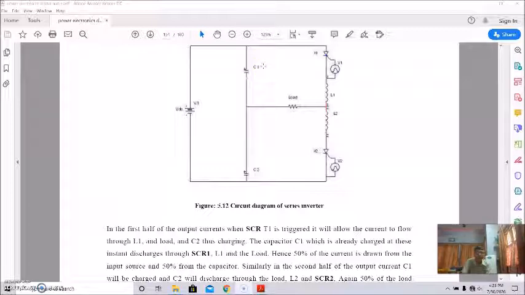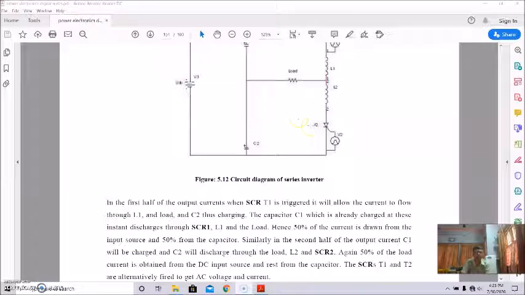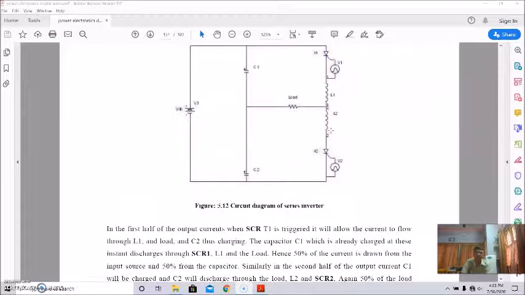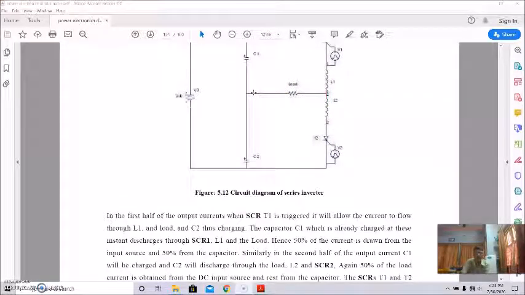Similarly, in the second half, when thyristor 2 is triggered, the output current will be like this.